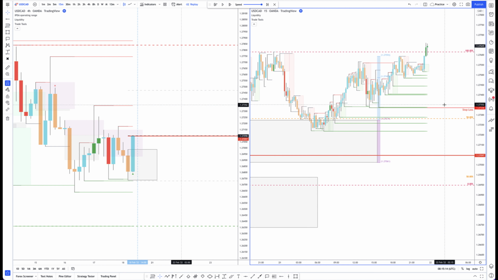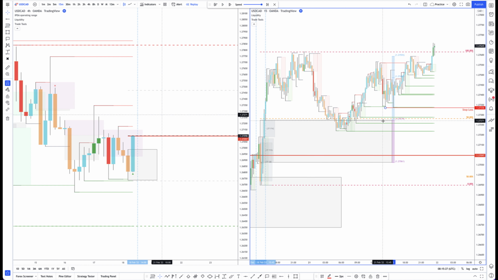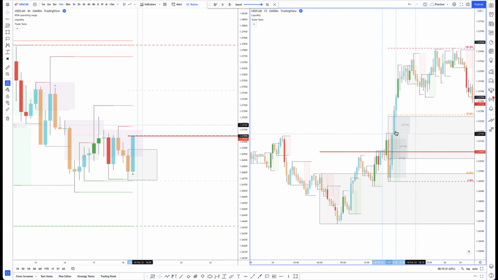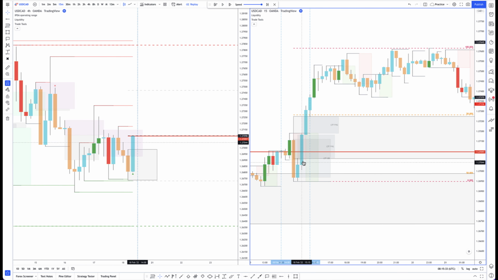Okay. Yeah, I mean, we would have hit the stop loss if it was for the spread, but the trade still worked, so that was a good one. And it was a good high quality setup as well. Three candles to break the structure, practically two, but yeah, good one.